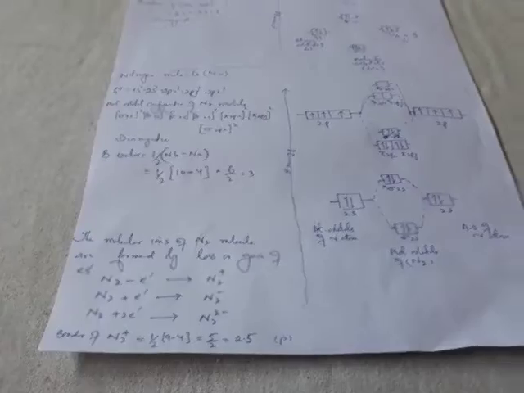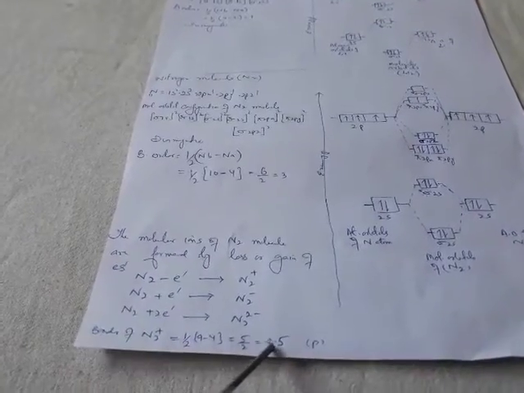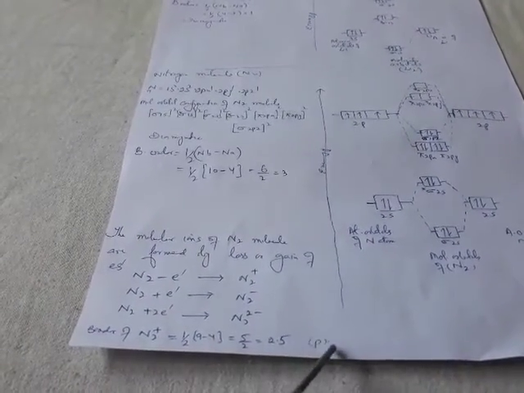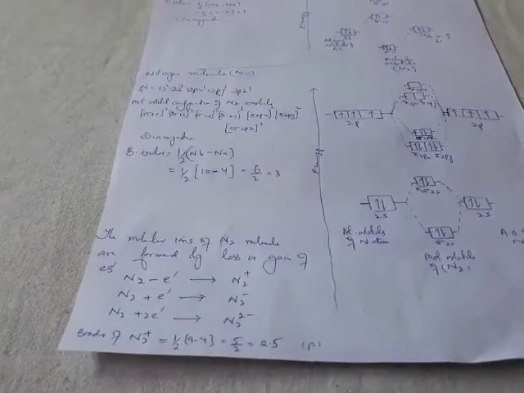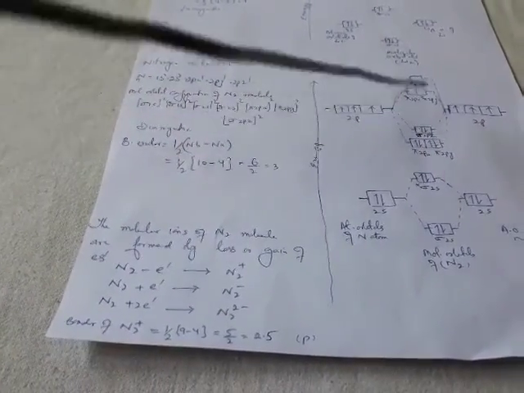Now in the case of N2 plus, this is a cation. It has a bond order of 2.5, and it is paramagnetic in nature, although the molecule of nitrogen itself is diamagnetic.